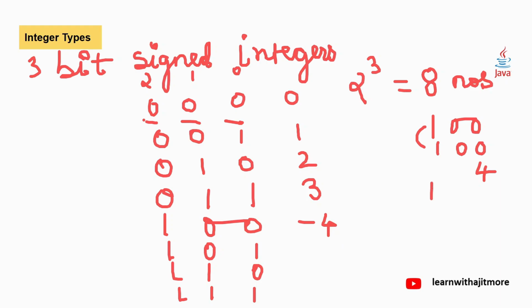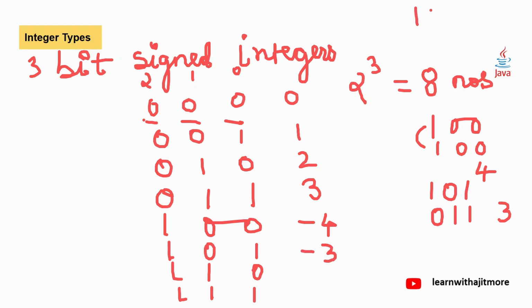Similarly, the next binary is 101. Again, your sign bit is 1, so it is a negative number. Again, take 2's complement: 0, 1, 1. From LSB till I get the first 1, I'll keep it as it is, and then complement: 0 becomes 1, 1 becomes 0. This is how much? This is 1 and this is 2. Total 3. But I have to write it as minus 3.